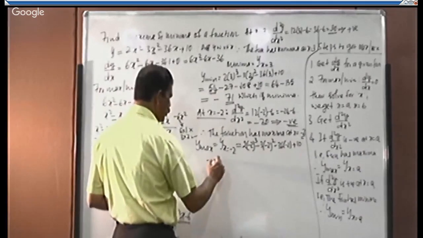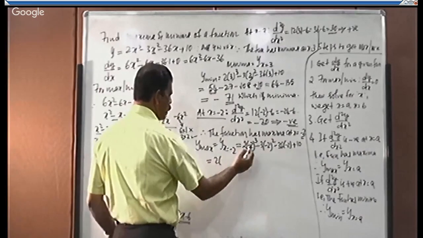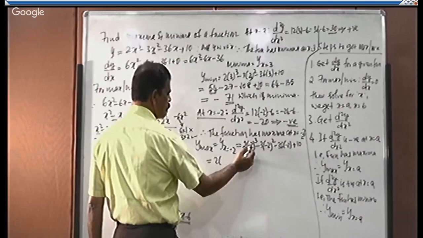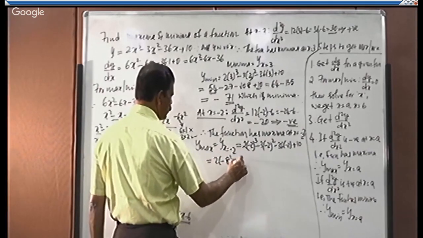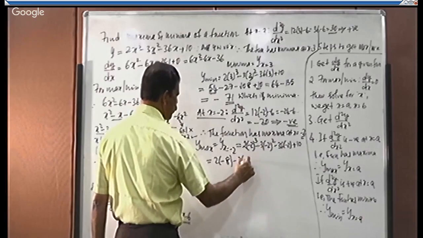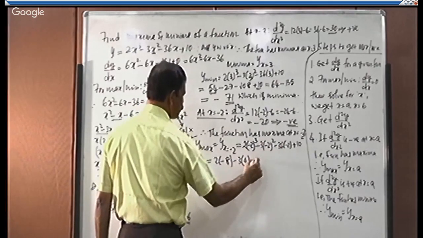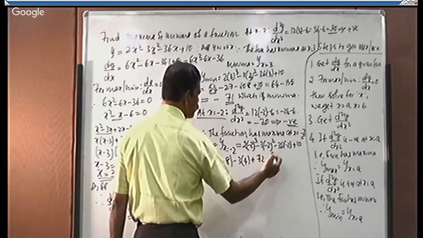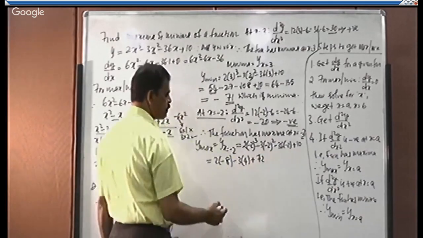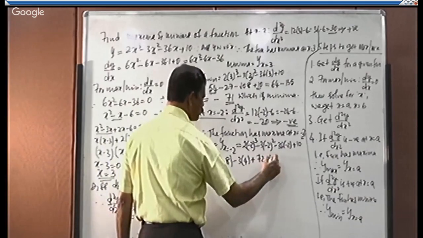That is 2 into minus 2 cube, which is minus 8, minus 3 into minus 2 square, which is plus 4, minus into minus plus 36 into 2, 72. 6 2s are 12, 1 carries, 3 2s are 6 plus 1, 7, plus 10.